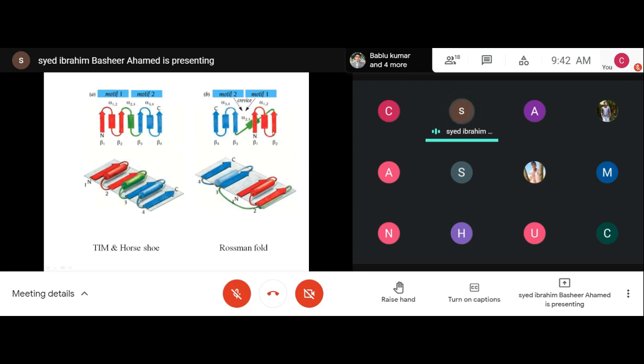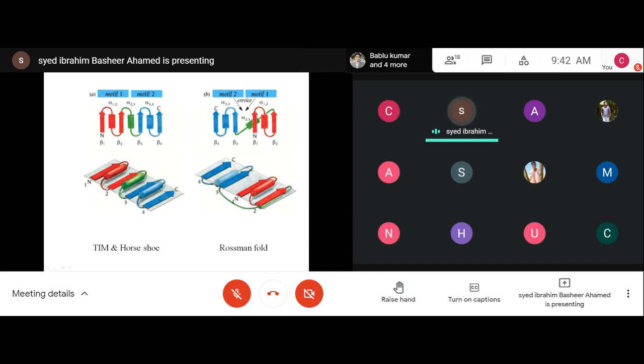In both domains you will have the beta alpha beta motif, but the alpha helix will be a crossover connection in the Rossmann fold, whereas in TIM barrel and horseshoe the connection will be direct.